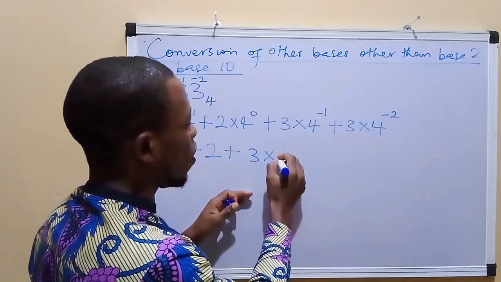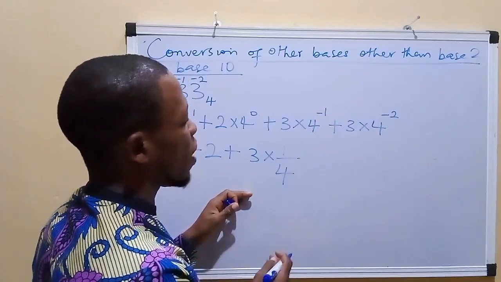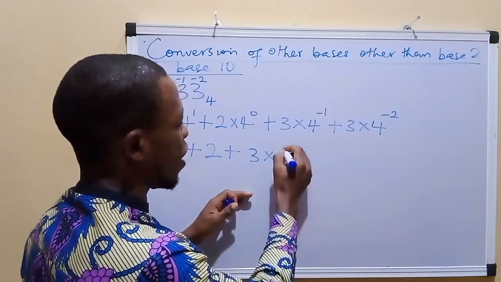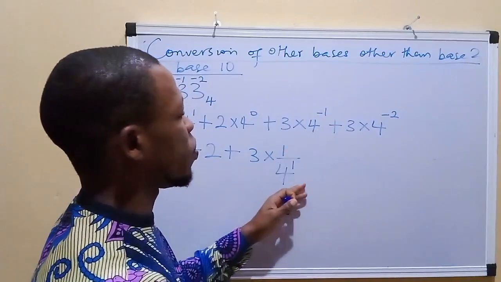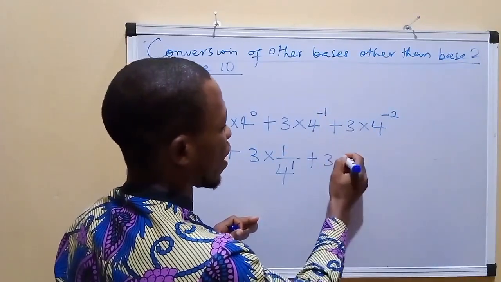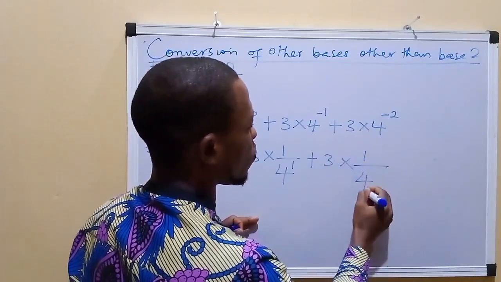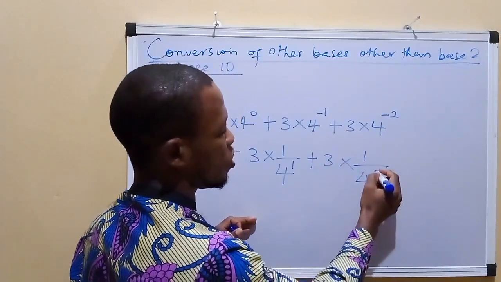And that is 1 all over 4 raised to the power positive index of minus 1, which is 1. So we have 1 all over 4 raised to the power 1. Plus, here we have 3 times. We do the same thing. We have 1 all over 4 raised to the power the positive index of minus 2, which is 2.